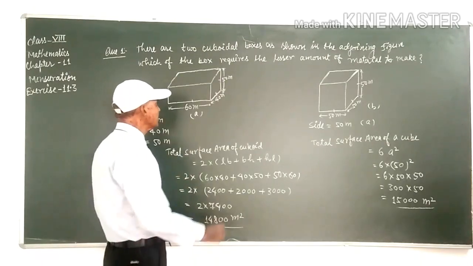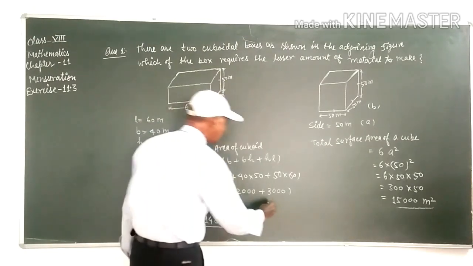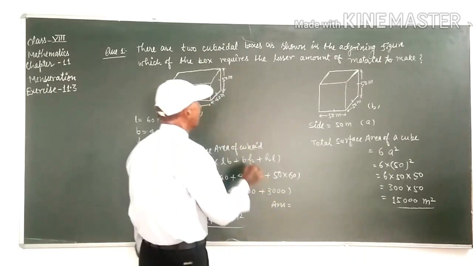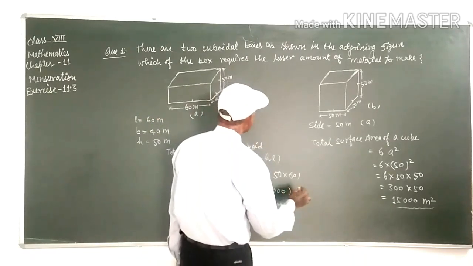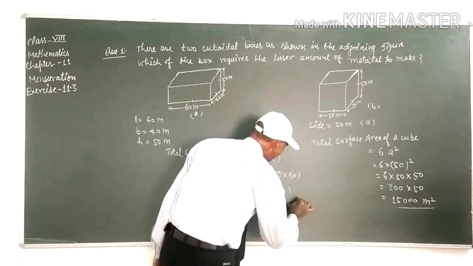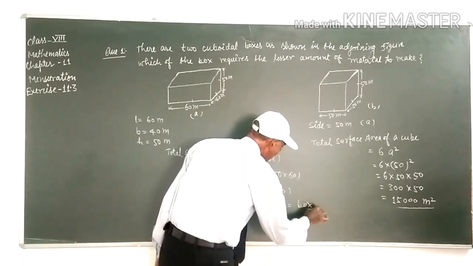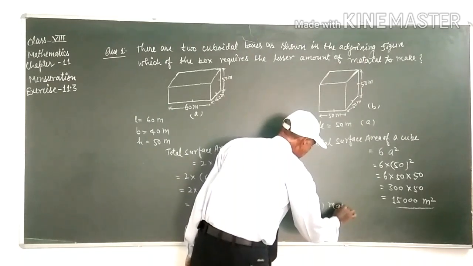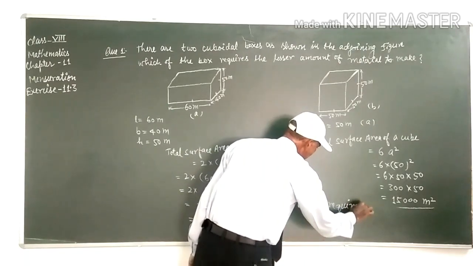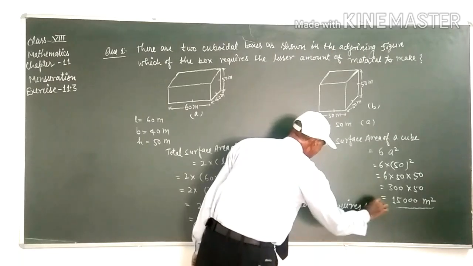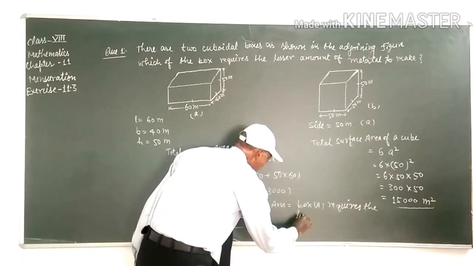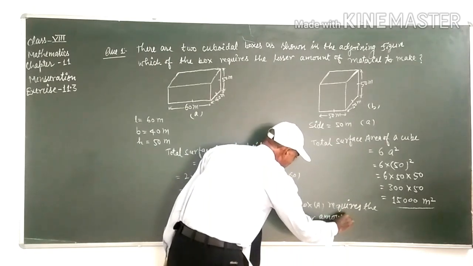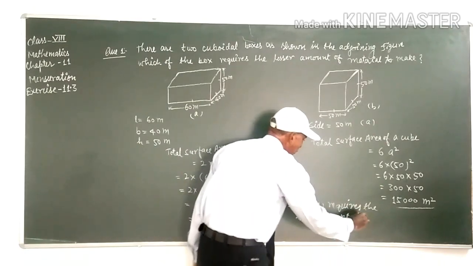So the answer is that box A requires the lesser amount of material to make.